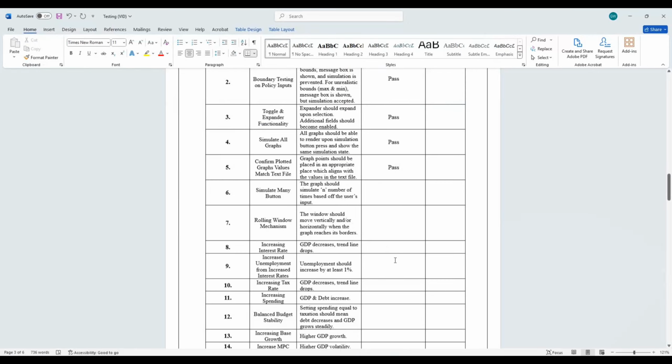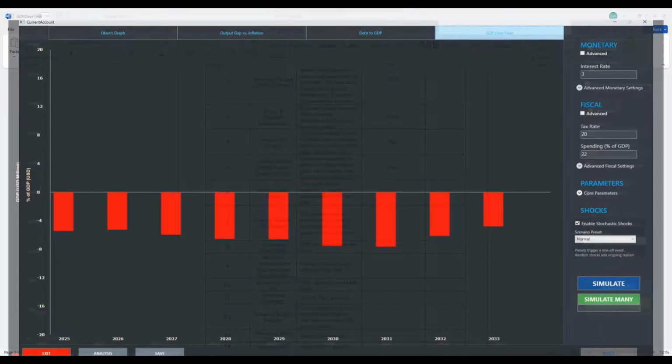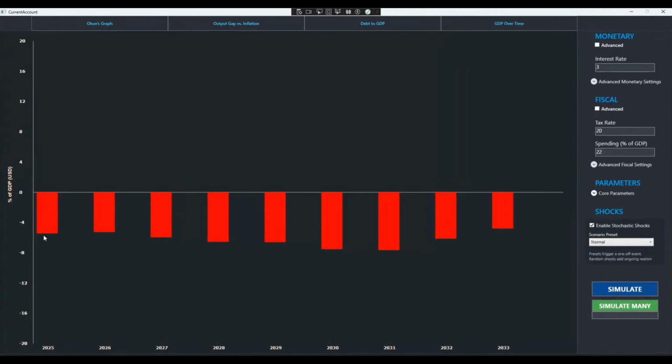And we can just do one more test, we can look at current account balance. So you can see the first year is just above 0.4, so maybe around 0.5, minus 5, minus 6% of GDP at 2025.